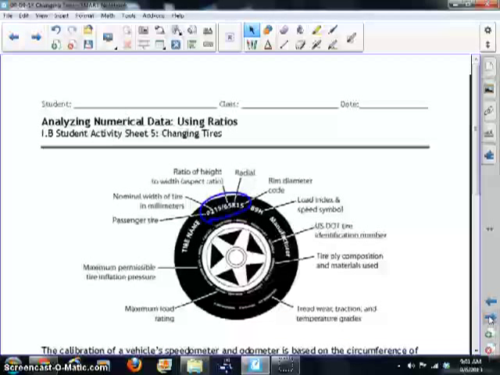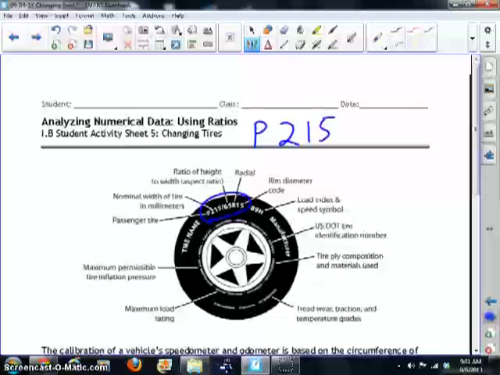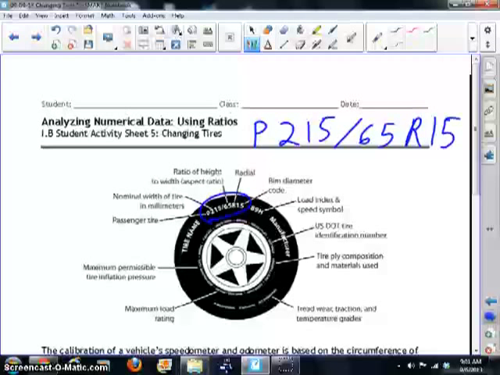So always we have a couple of things right here that are really important. When we have this number, P215/65 R15s, there's several meanings to the numbers right here. This number that you see, the one that comes right after P, the 215, is the width of the tire in millimeters.